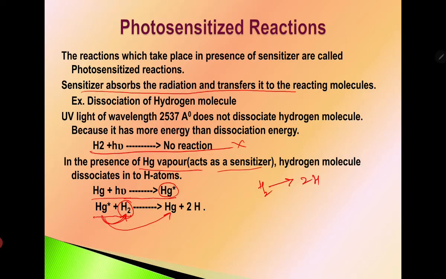The energized hydrogen molecule now dissociates into two hydrogen atoms. In this way, the dissociation of the hydrogen molecule occurs in the presence of mercury vapor.